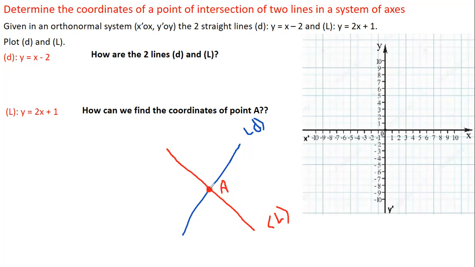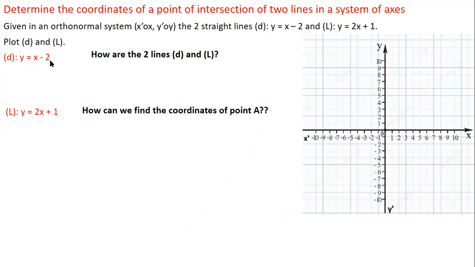What will be the abscissa of A and the ordinate of A, which is the point of intersection between the two lines that we have drawn?